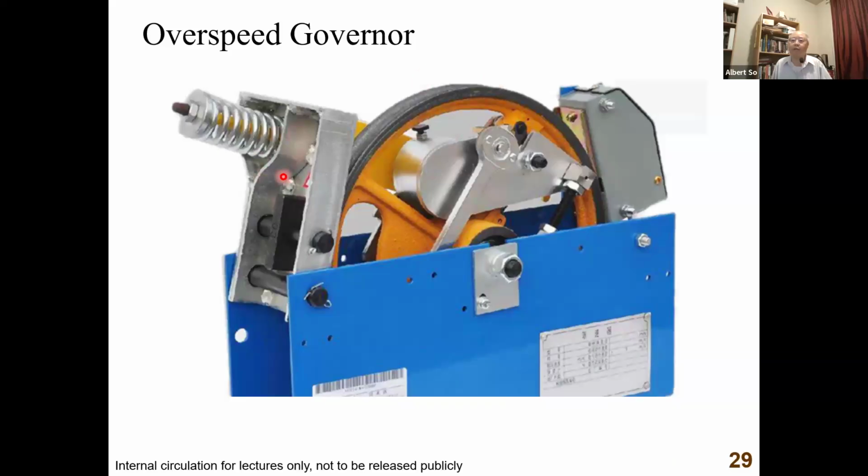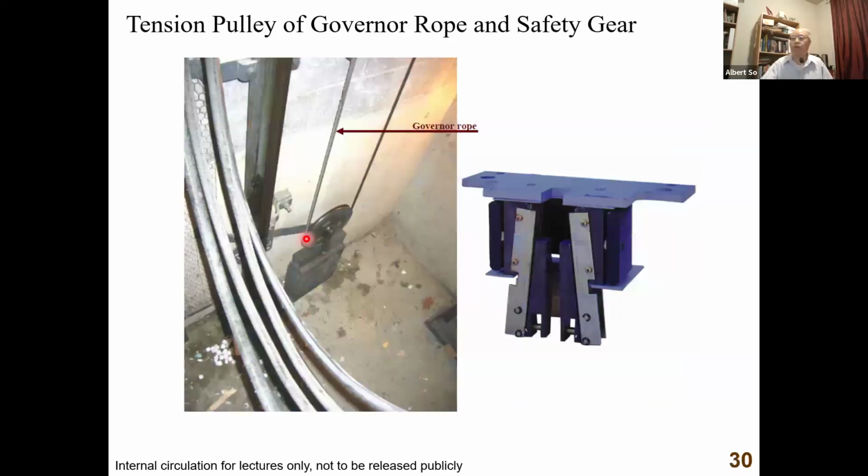Okay, and it will trigger the mechanism. Then the rope will be trapped. Okay, trapped. And then once the rope is trapped, the safety gear will be activated. Then I'll show you later, when we talk about the safety gear.